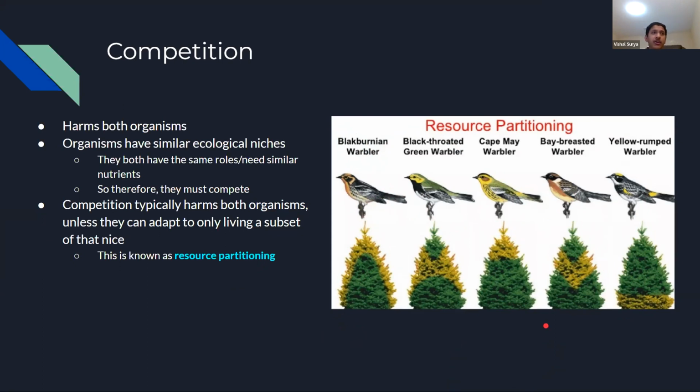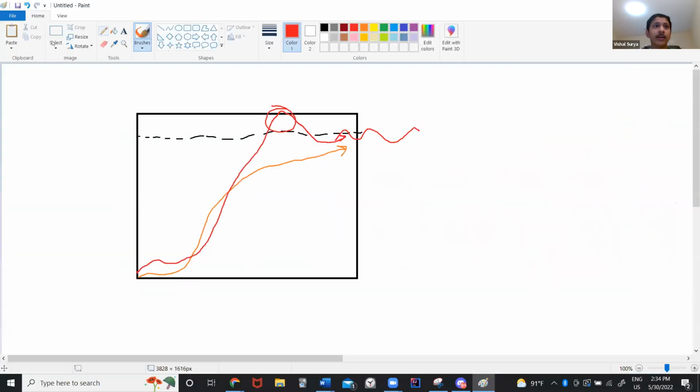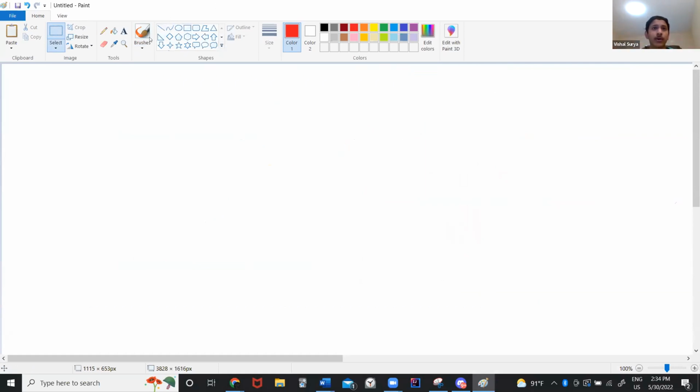A cool experiment that I saw earlier was, let me get paint back on. Okay, I don't have the actual picture of it with me right now, but there is a shore right here. We have a shore on the beach.